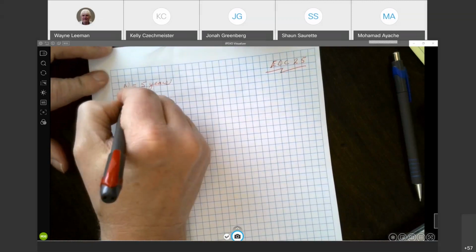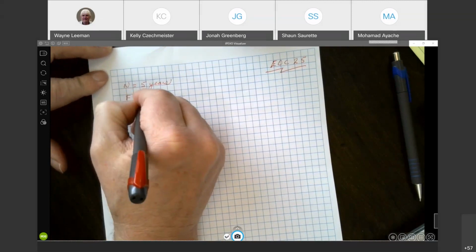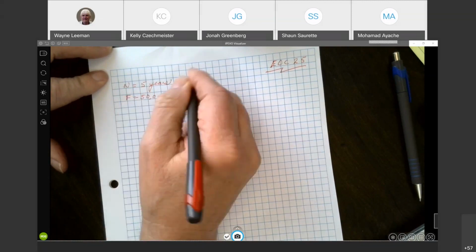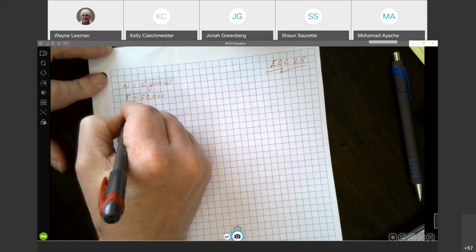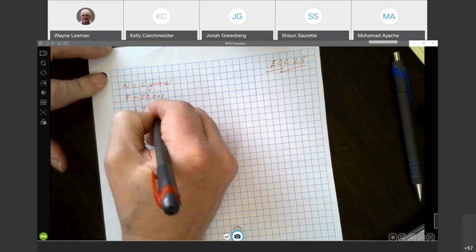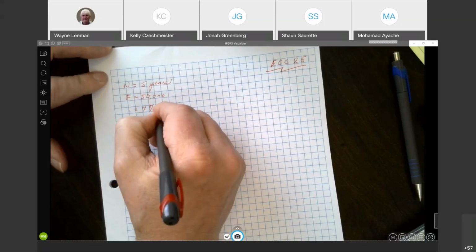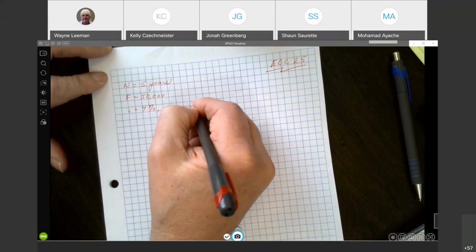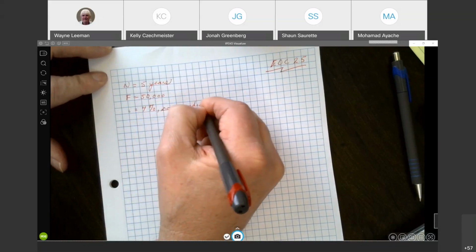F is the future value. It's equal to $50,000. I is equal to 4% compounded quarterly.